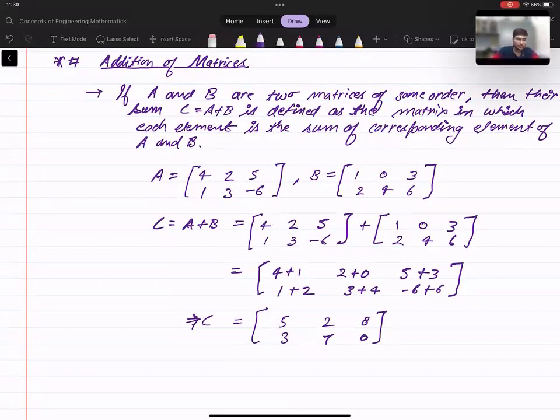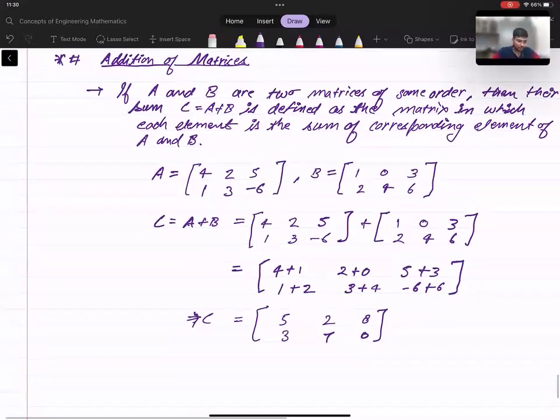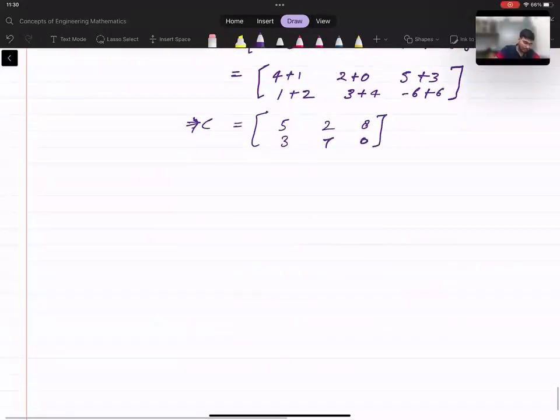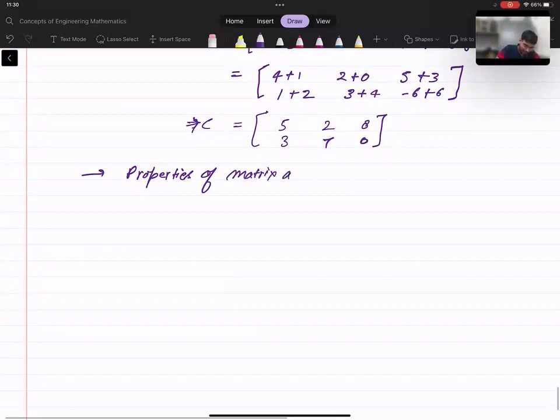Okay, so we have the properties of matrix addition.